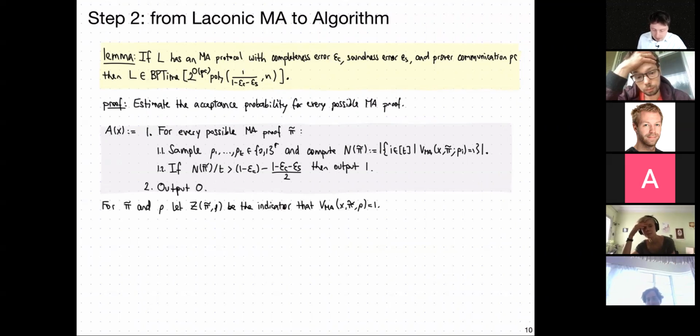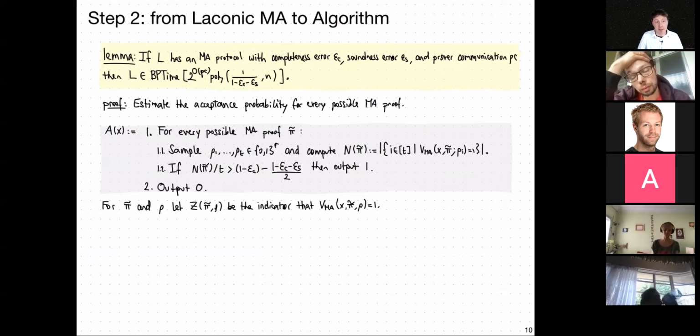And by a concentration bound that I'm going to write down here, things work out. But it's exactly what you would do, right? You have an MA proof with a certain completeness and soundness error, communication complexity. You just try all MA proofs and you see, for each MA proof, whether you can find one that is closer to epsilon c or epsilon s.